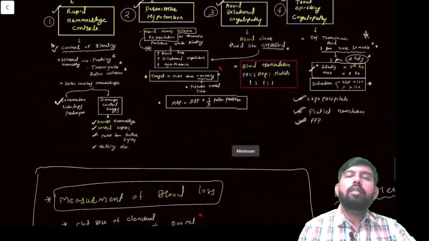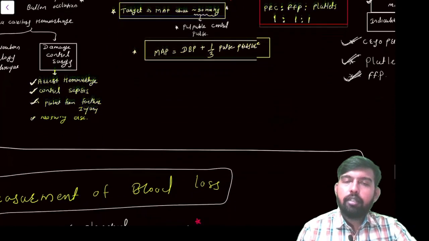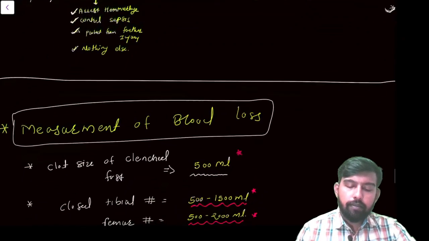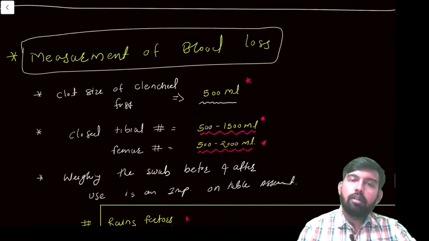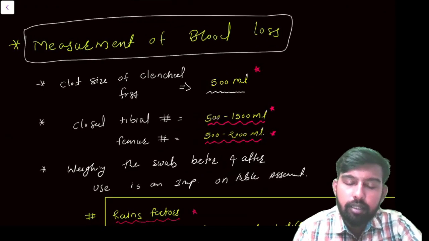Another question that can be asked in this section is how you calculate the amount of blood loss during surgery. These are the approximate parameters to calculate the blood loss.